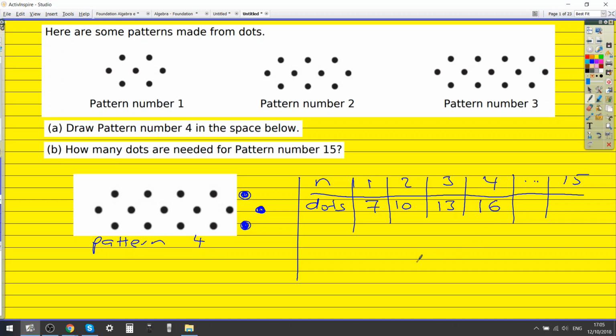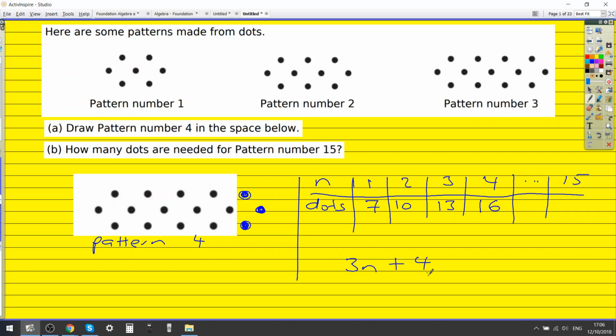That's it. And so this is basically, if it's going up in 3s each time, it's like the 3 times table, except it's bigger. How much bigger? 4 times, like plus 4. And so the 3 times table we write as 3n, like 3 times 1, 3 times 2, 3 times 3, 3 times 4.